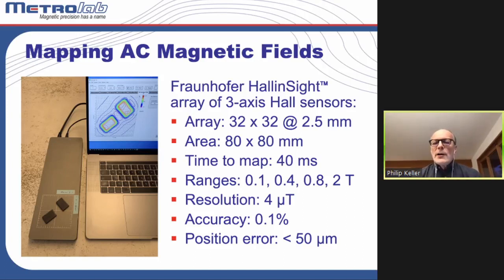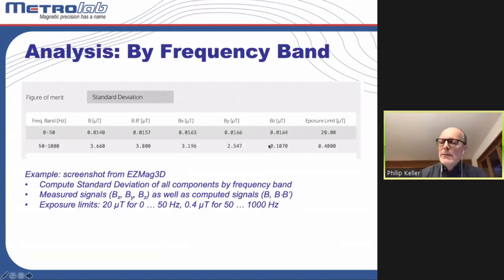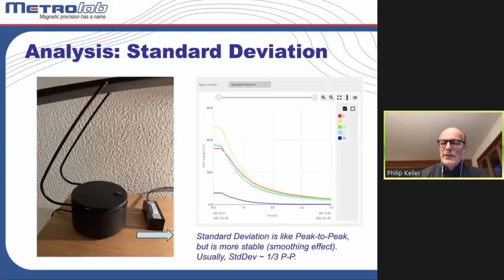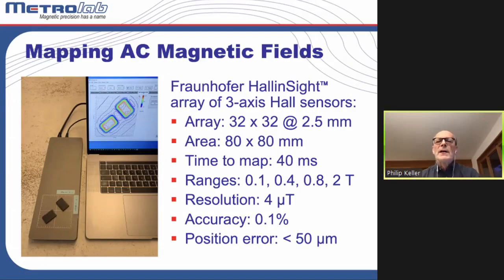The other mapper that's on the market that is fairly well known is the MagCam mapper. Now this is getting closer to what you need. It's an array of sensors, but it's a very, very closely spaced array. So the area is much smaller than here. As you can see, the area of this mapper is 80 by 80 millimeters.